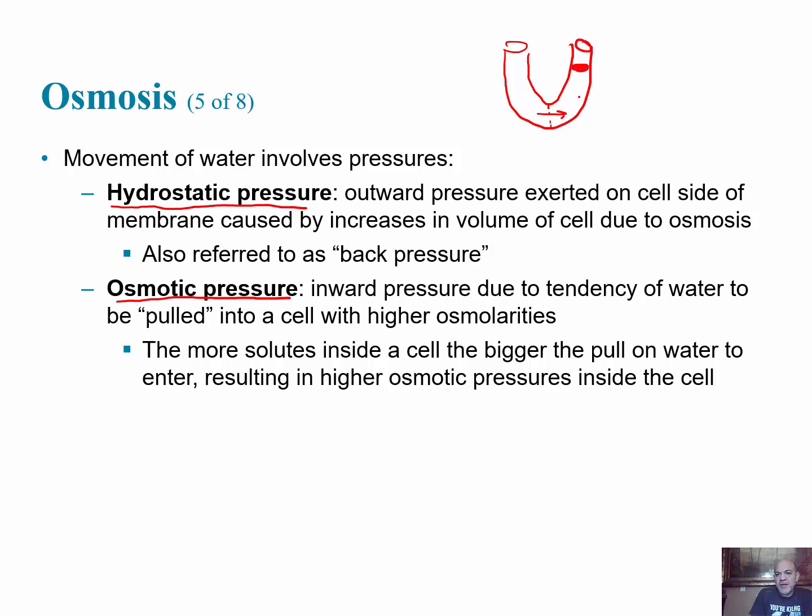If I had put a barrier right here and didn't allow water to rise up, as was the case that we saw in the tube on the right, eventually the water stops right here, and the containment of the U-tube and that cap there at the end is going to build up this pressure that's going to prevent more water from moving. So the pressure of the walls of that container would be referred to as hydrostatic pressure.